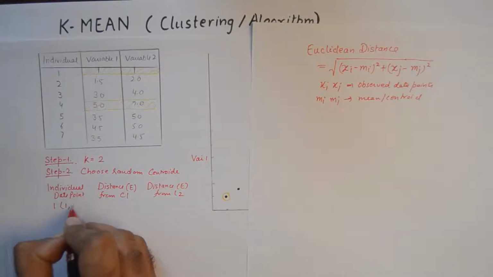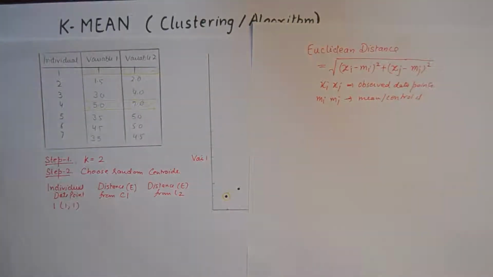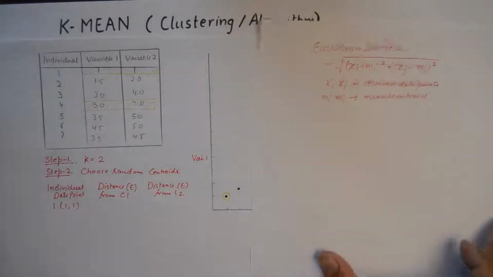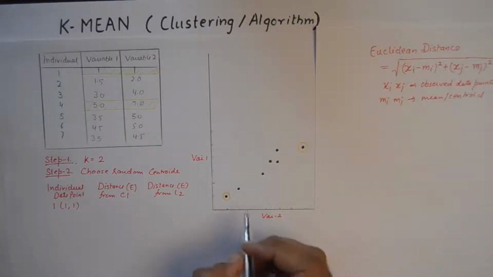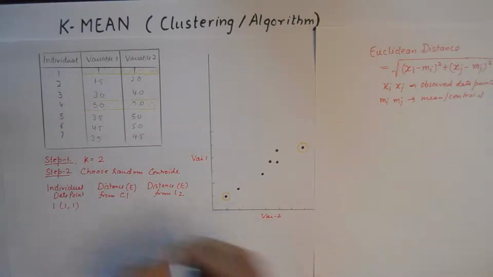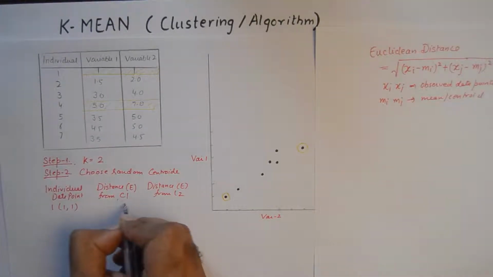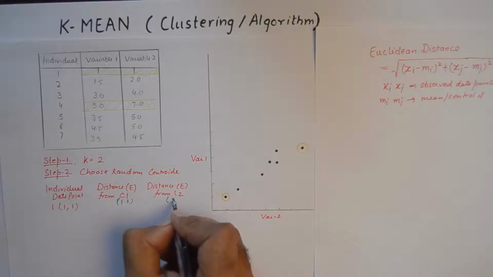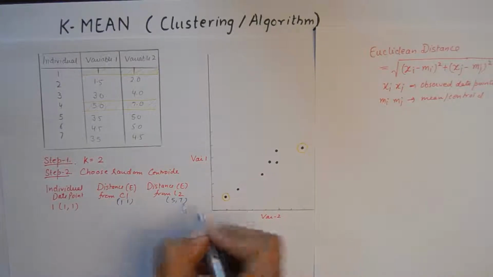which is 1 1. So how far is this data point located from the centroid 1 1? Centroid 1 is of course at 1 comma 1 and centroid 2 is at 5 comma 7.